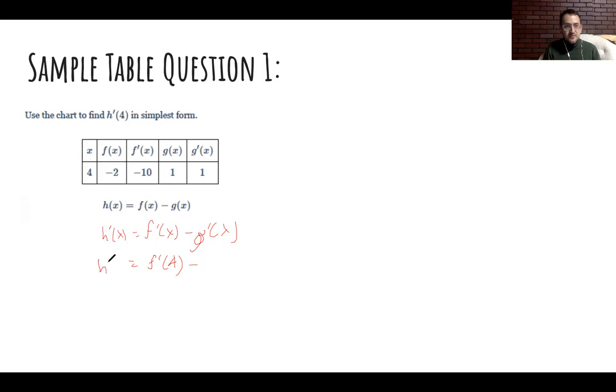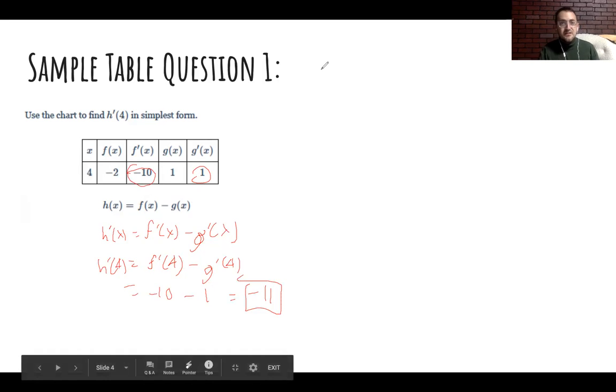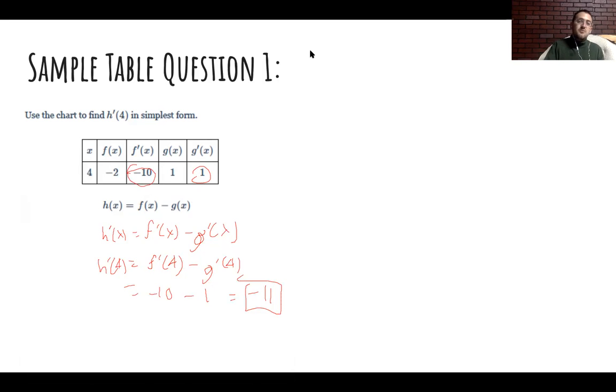So if I want to find h prime of 4, I do f prime of 4 minus g prime of 4. That gets me to negative 10, and I subtract 1, and that gets me to negative 11. So this would be a pretty easy level table of value question. Let's look at something a little more mid-level.